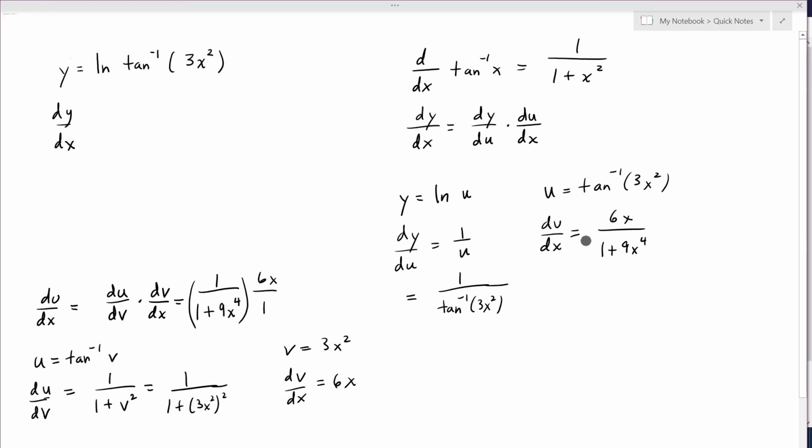Okay, but now that we have du/dx, we now have the inner derivative for the first time that we used the chain rule. Then we have to multiply that by the outer derivative, and that'll give us dy/dx, which is the derivative of this function. Okay, so let's just multiply these two together.